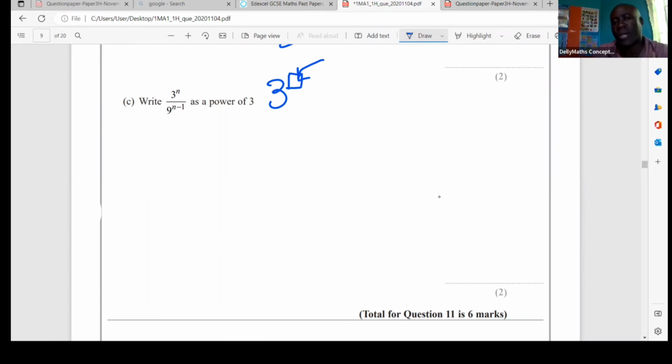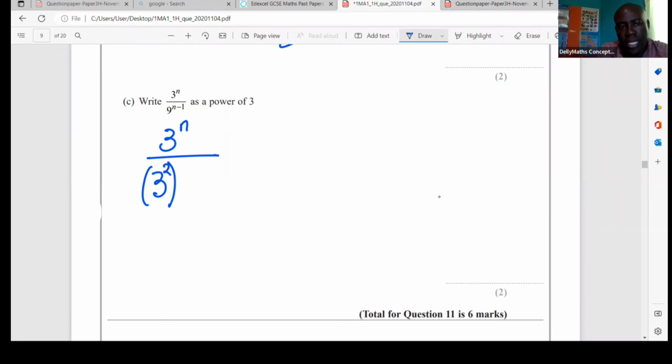We're going to try to represent this idea in powers with a base of 3. For example, at the top, 3 raised to the n is okay for now. Underneath, I'm going to represent the 9 using a power of 3 which is 3 squared, that is 9. And then outside I have n minus 1.